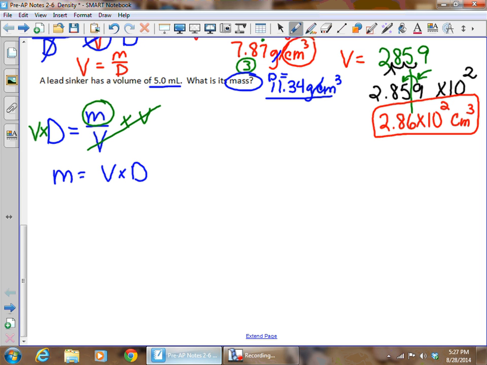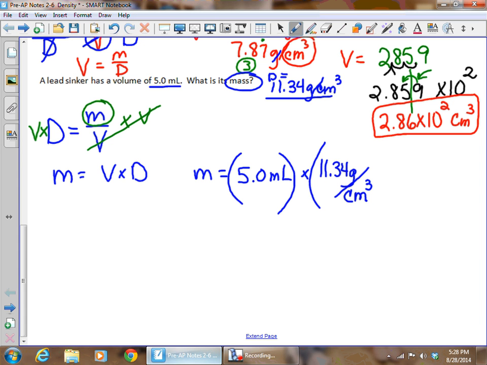There's my equation. The substitution for this says that mass is equal to the volume, which is 5.0 milliliters, times the density, which is 11.34 grams per cubic centimeter. Now, notice what can happen with our units. If it helps you, you can put these in parentheses to help you see what you need to do with these.